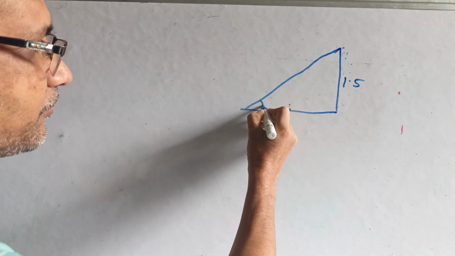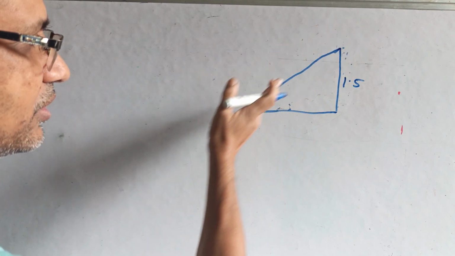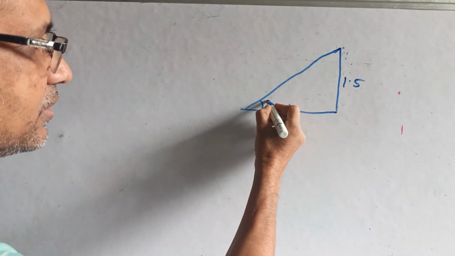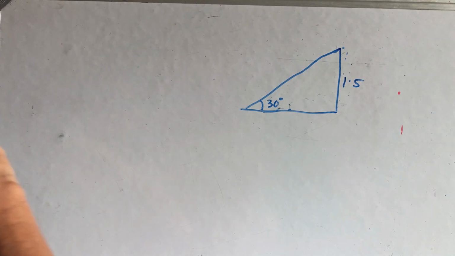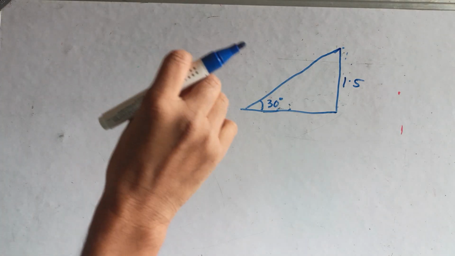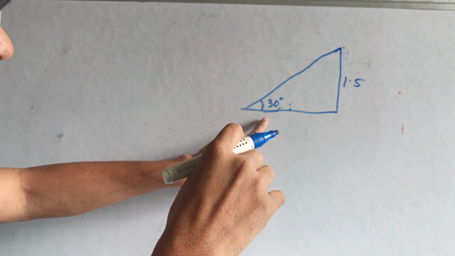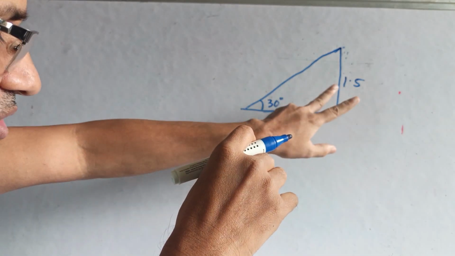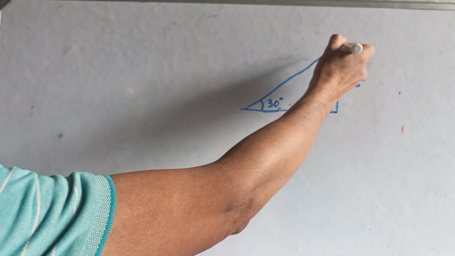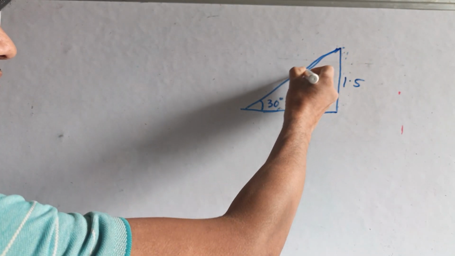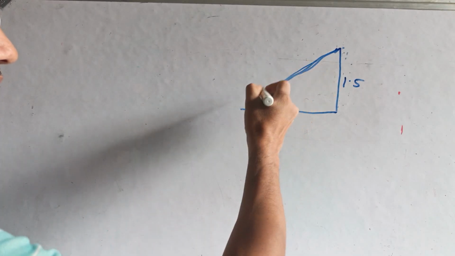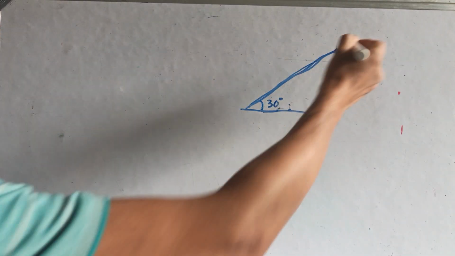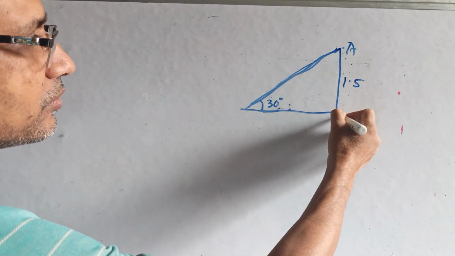Because it is for kids, it should descend a little slowly, 30 degree. So here this is 1.5 meter and this is 30 degree. As I mentioned earlier also, two values are given. They asked, what is the length of this slider, this part? So let us find out this one.